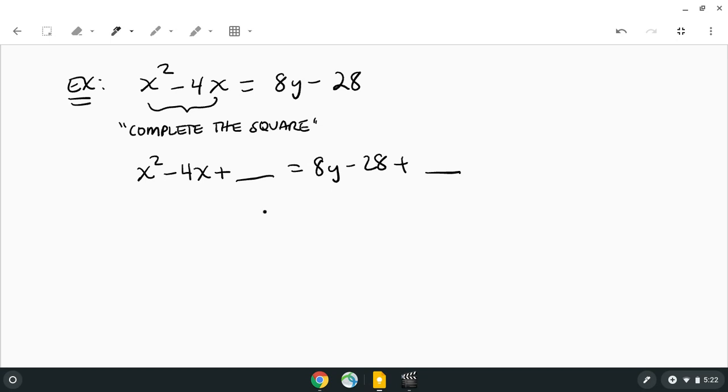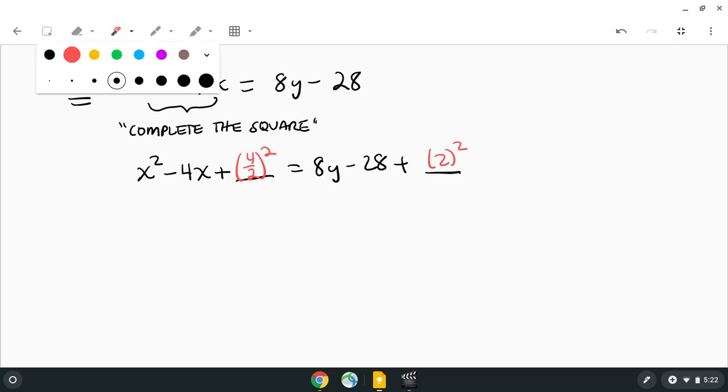So it's going to be positive. So I take half of 4, which is 2, right? Half of 4, and we square it. It's always half of this and square it. Okay. So that is 2 squared that I'm actually adding on both sides, right? 4 divided by 2 is 2.